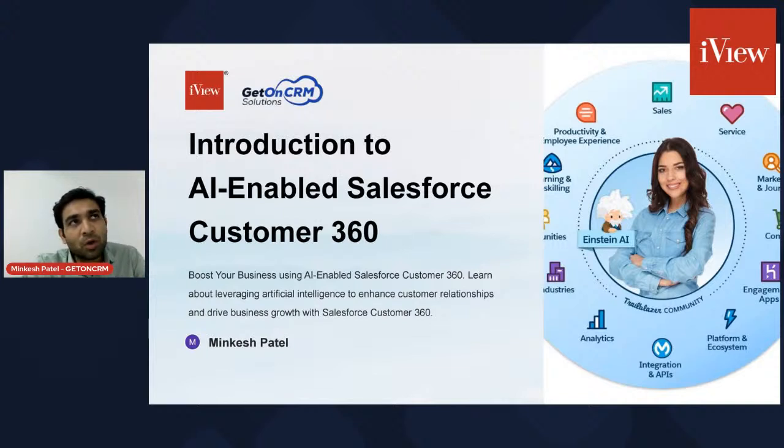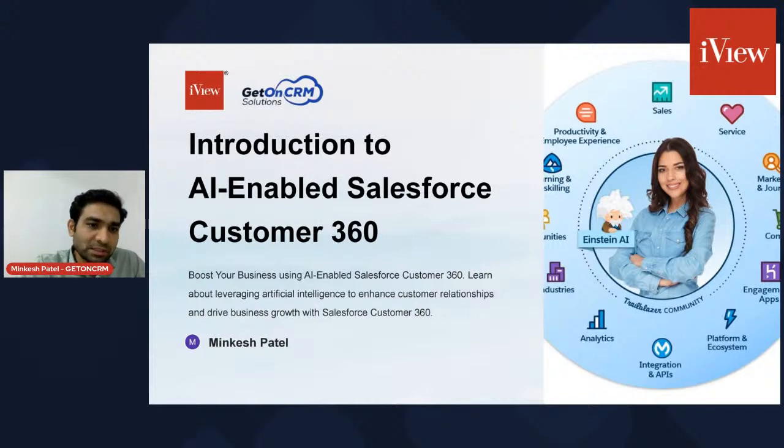Now, what does it mean by Customer 360? That means we are collecting data from various sources as a business, right? Sometimes we capture it inside the system, sometimes we do not capture that information, or we capture limited information.